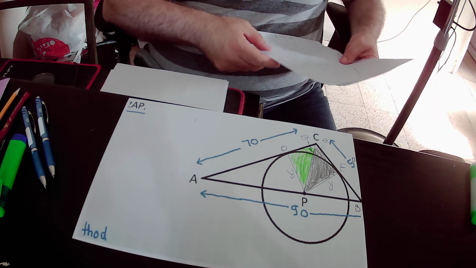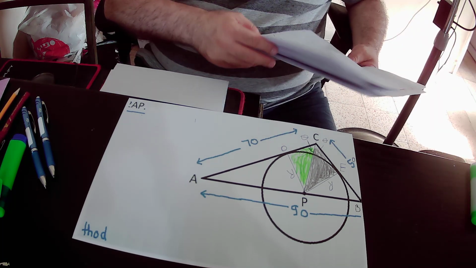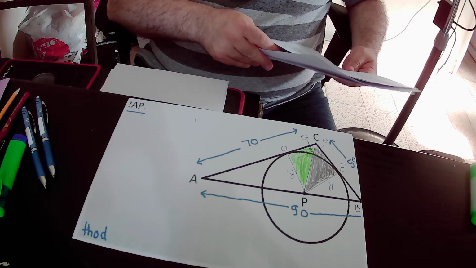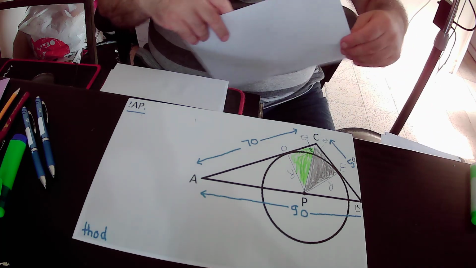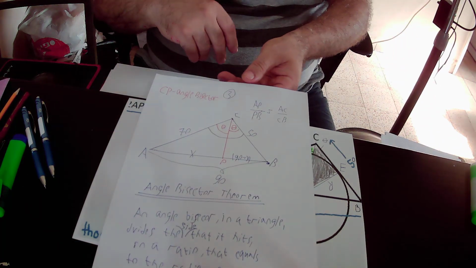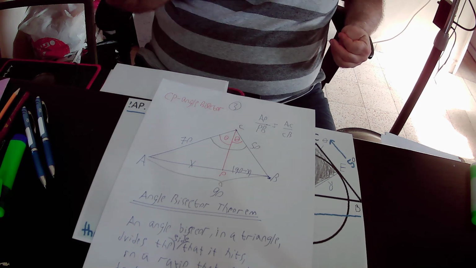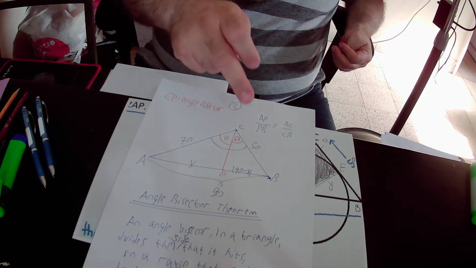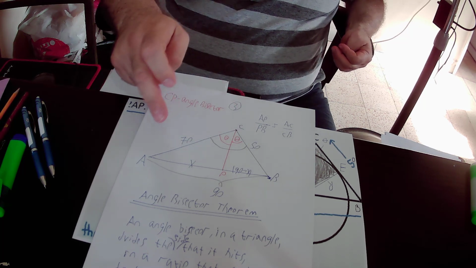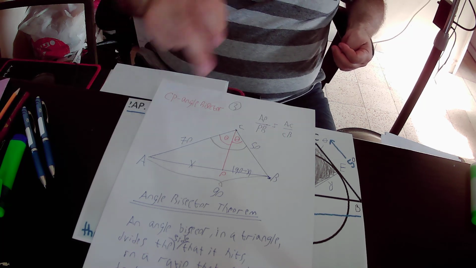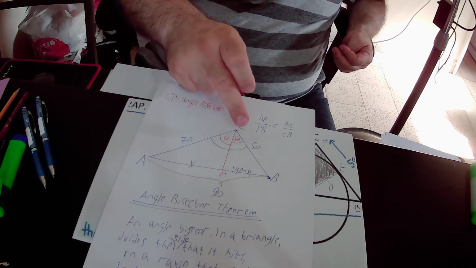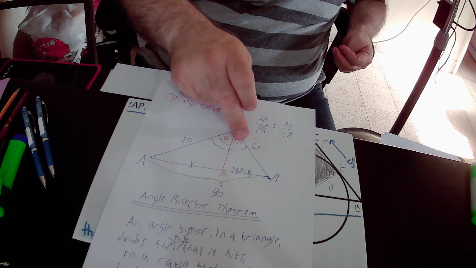And actually I draw triangle ABC again. And actually PC is an angle bisector because it splits angle ACB of triangle ABC into two halves. This is the first half and this is the second half.